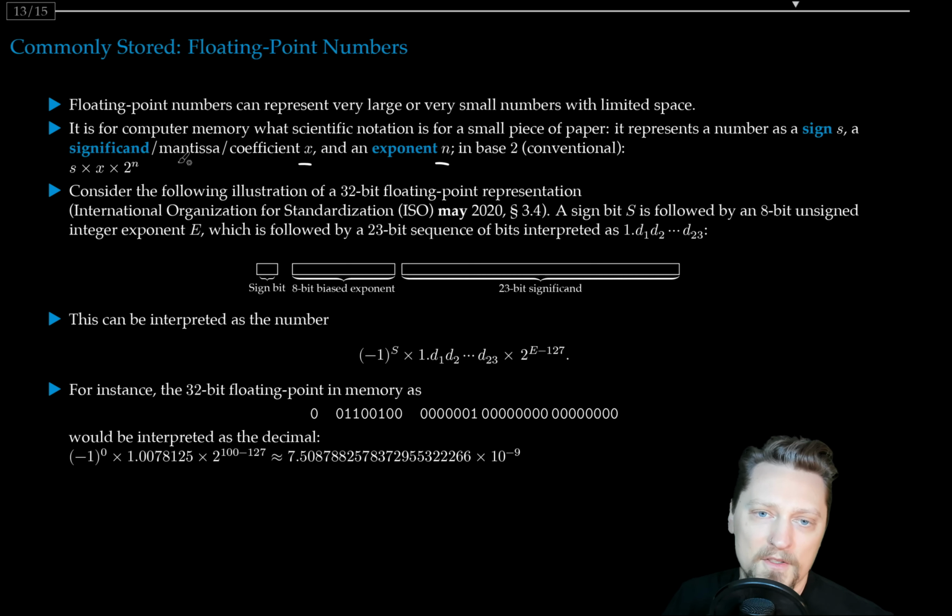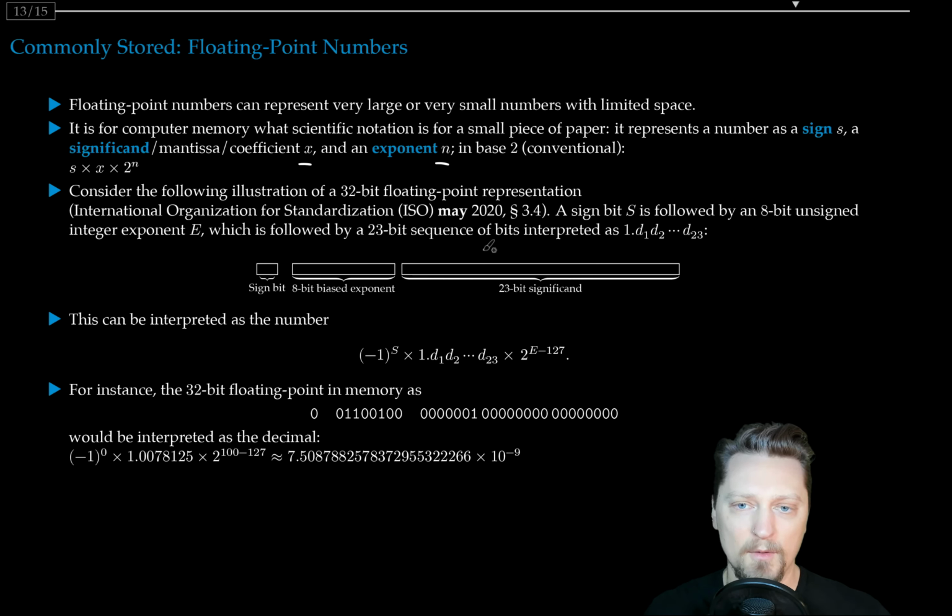Consider the following illustration of a 32-bit floating point representation. A sign bit s is followed by an 8-bit unsigned integer exponent e, which is followed by a 23-bit sequence of bits interpreted as 1 point digits d1 through d23.